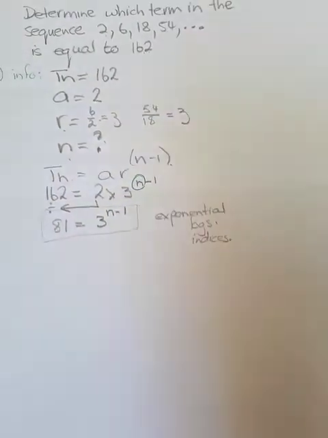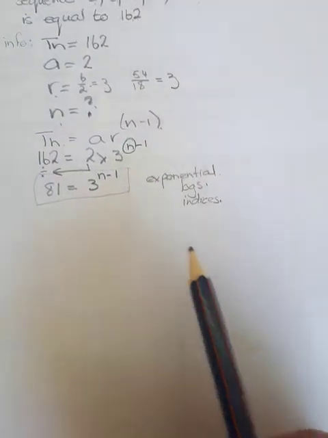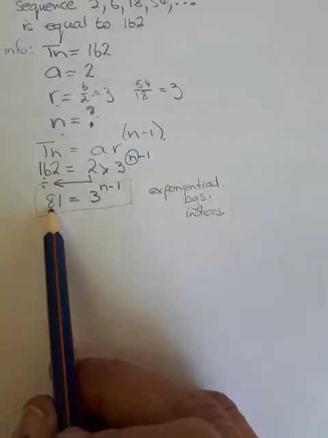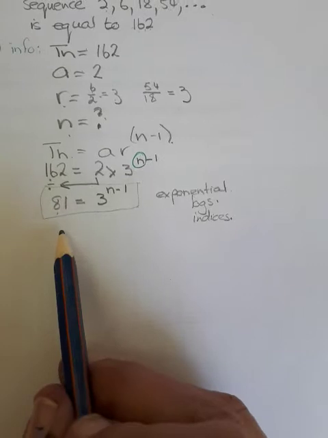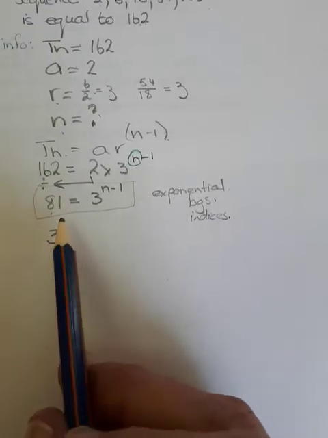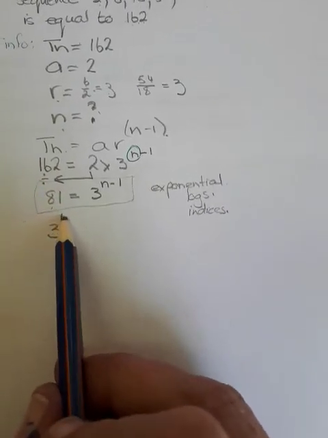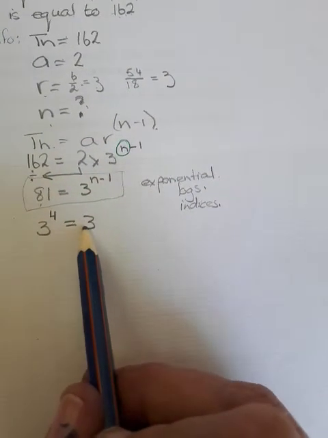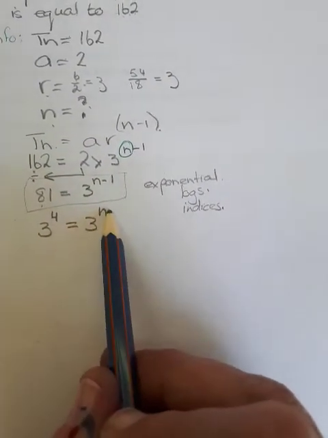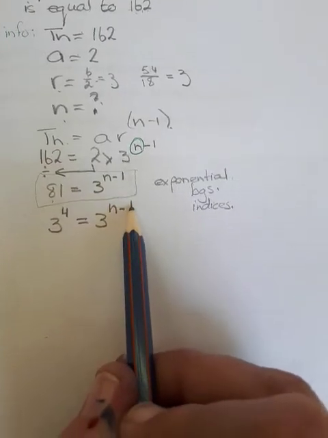Okay, I will now do that with an index law. So I will first get 81 into its prime factors. That you can do on the calculator, and it will give you 3 to the power of 4, and on the right hand side it remains 3 to the power of n minus 1.